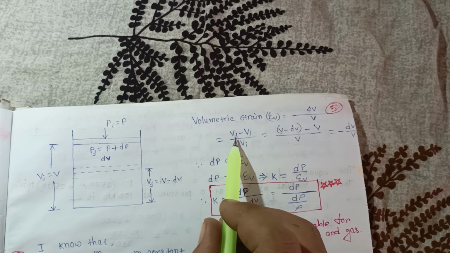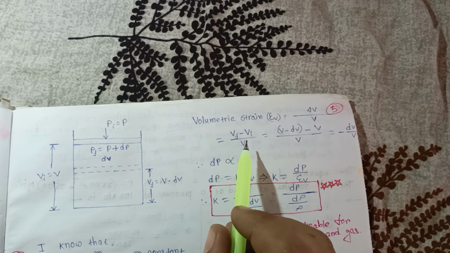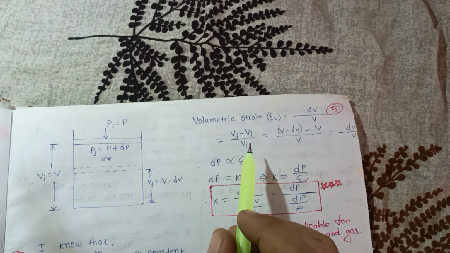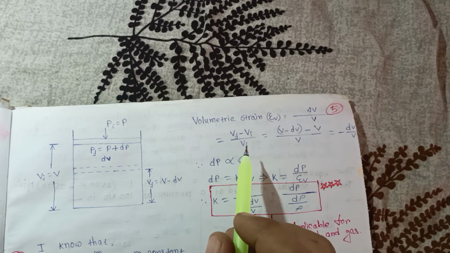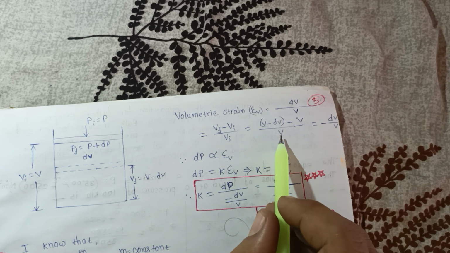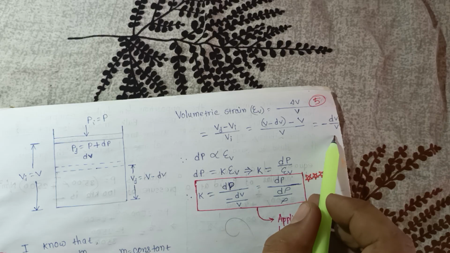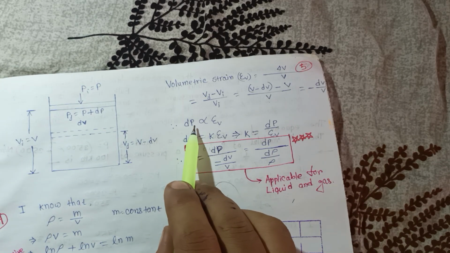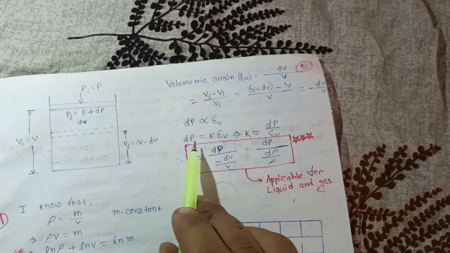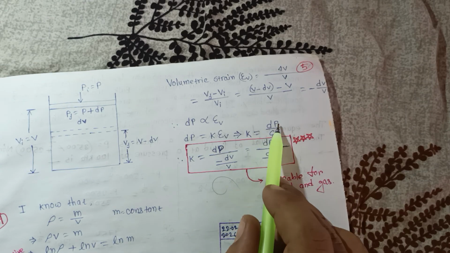So that is equal to V final minus V initial, which is V minus dV minus V, divided by V. So this is the final volume minus V, the initial volume, by V, so that is equal to minus dV by V. So from here, we know that dP is proportional to epsilon V. So dP is equal to K, the proportionality constant, the bulk modulus, into epsilon V. So from here K is equal to dP by epsilon V.